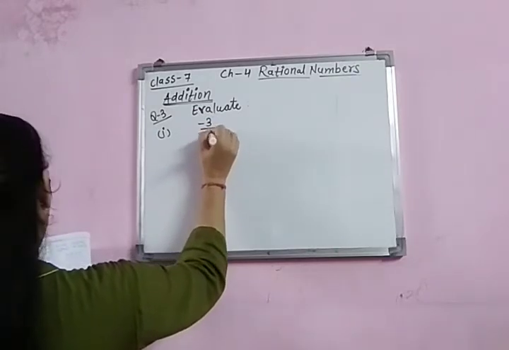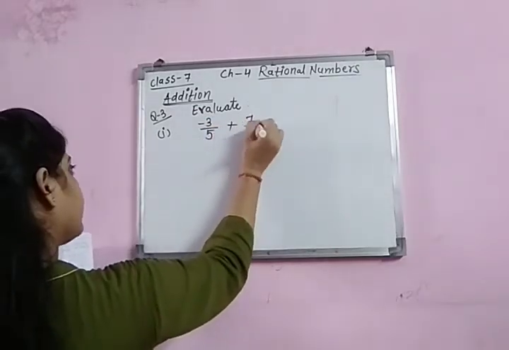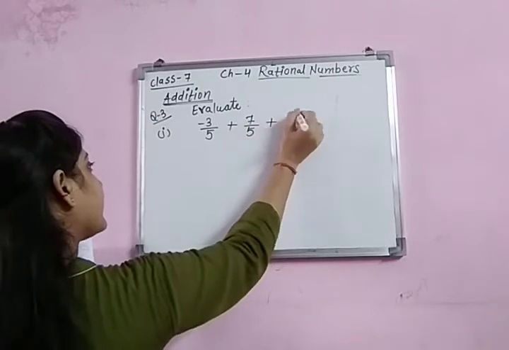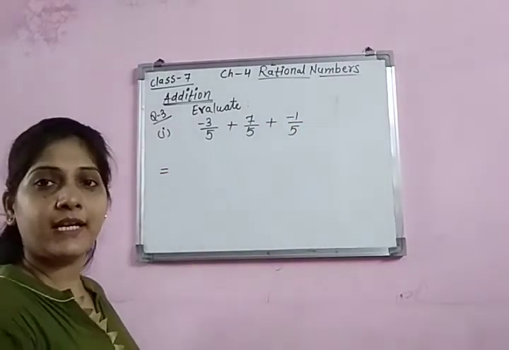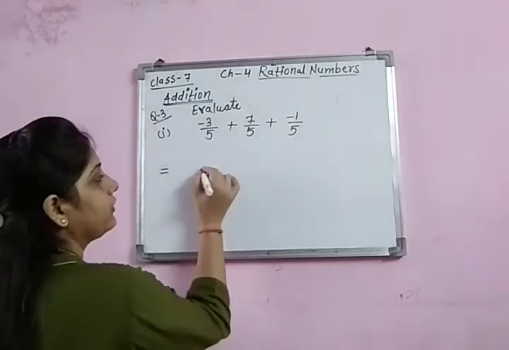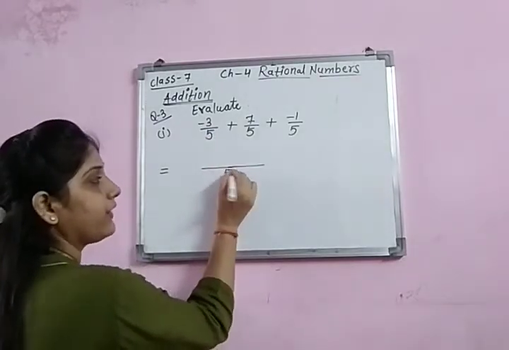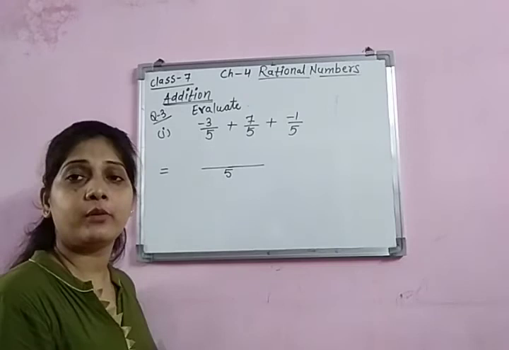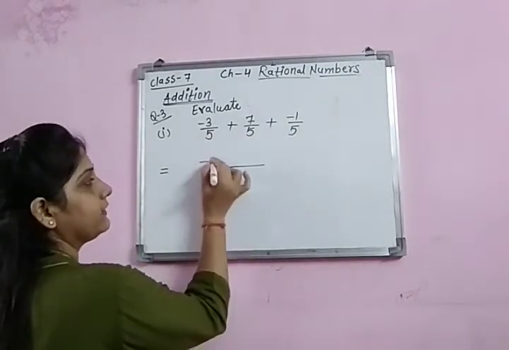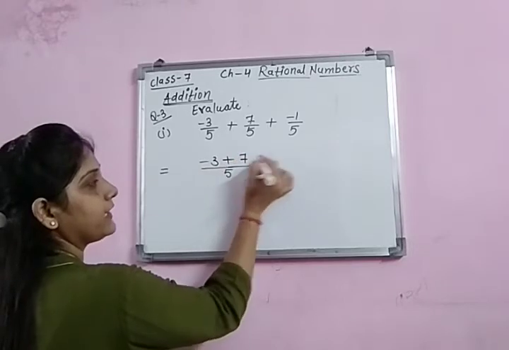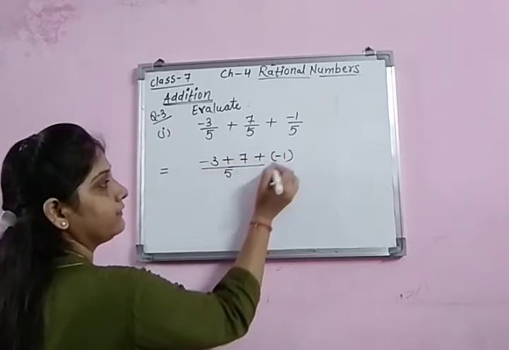Negative 3 by 5 plus 7 by 5 plus negative 1 by 5. Can we see the denominators are the same? 5, 5. So it is written only one time. As I told, if denominators are the same, write it as a single time. Numerator as it is. Negative 3 plus 7 plus negative 1.